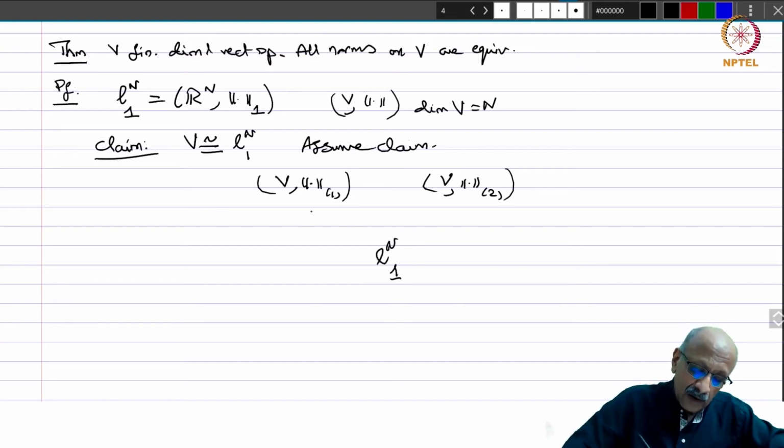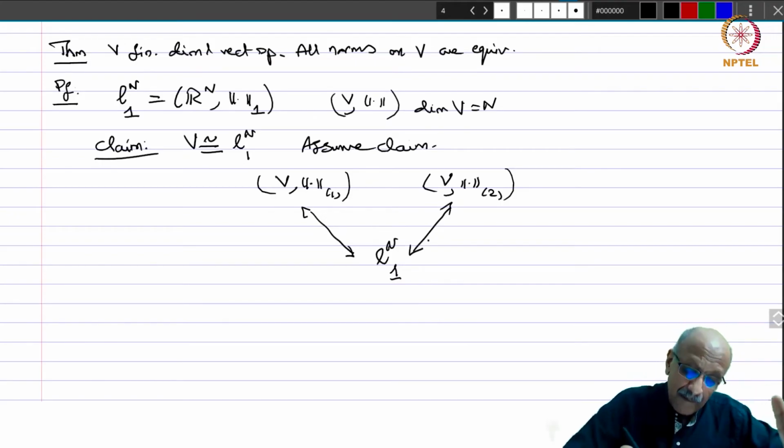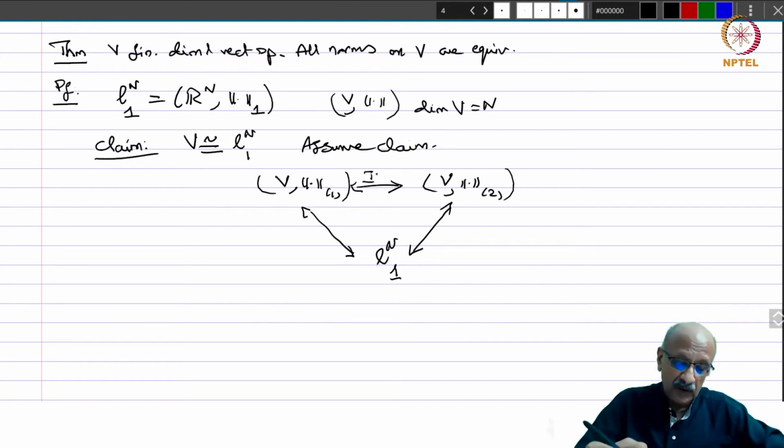Now we will show that this is isomorphic, this is isomorphic with the same map, and then we will show therefore the identity map here is also going to be an isomorphism. That will be the idea of the proof.